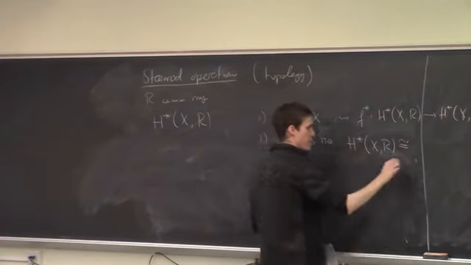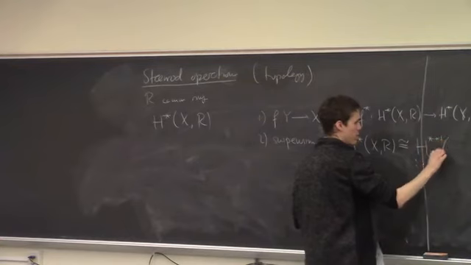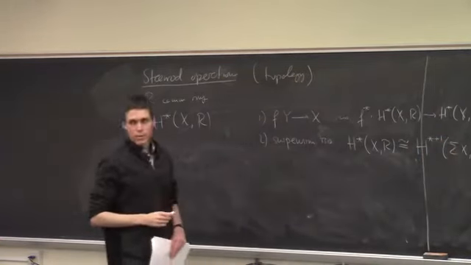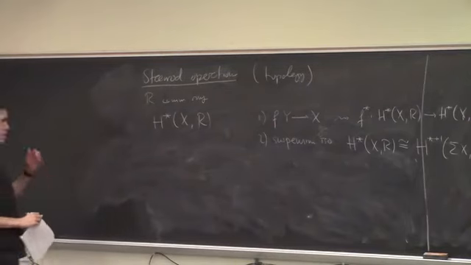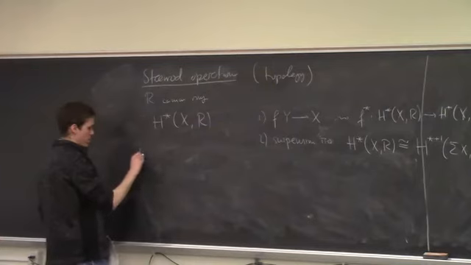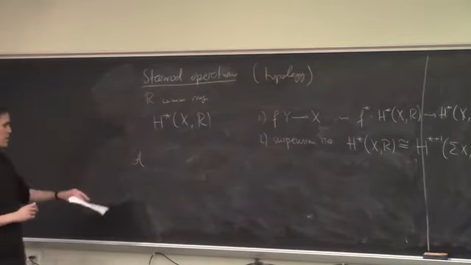So the cohomology of X is the same as the cohomology of the suspension of X, but shifted by 1. So what do we mean when we talk about operations in cohomology?